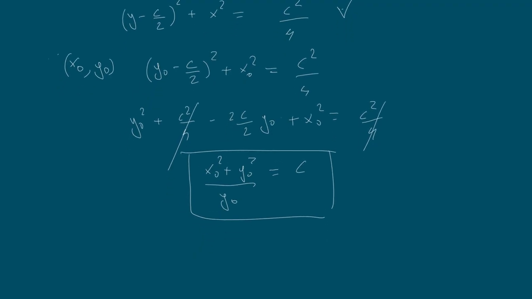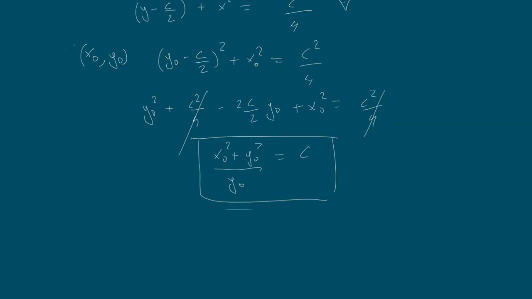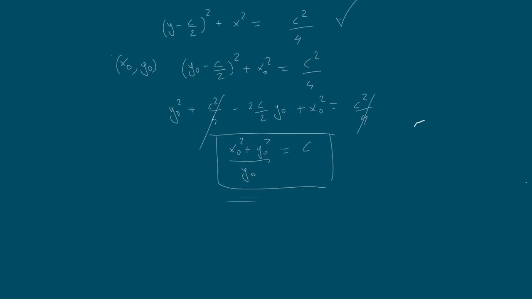So what we have as a solution is circles with radius c divided by 2, and the center of the circle is x equals 0, y equals c divided by 2.